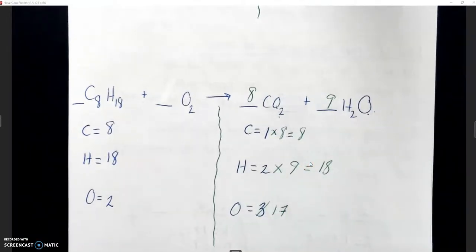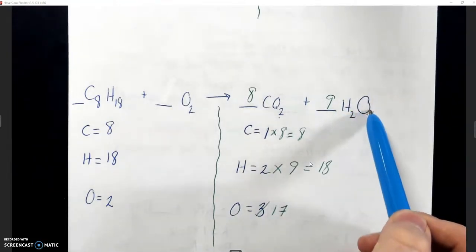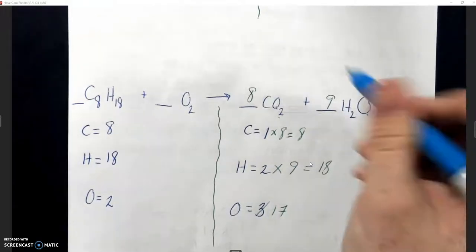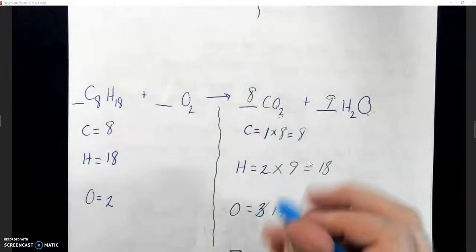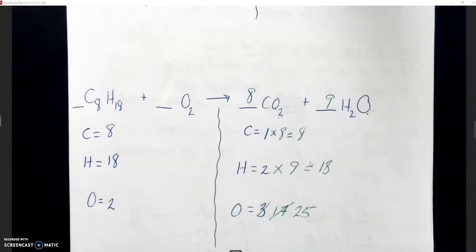And we're at 18 now. But that 9 also changes the oxygens. I have a total of 9 oxygens here plus the 16 that are over here. So that's a total now of 25 oxygens.